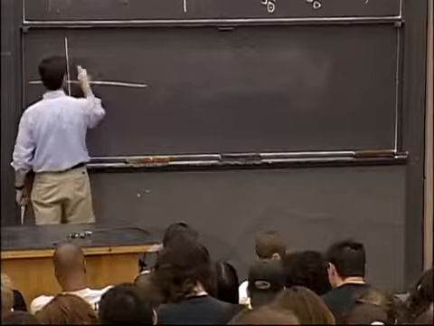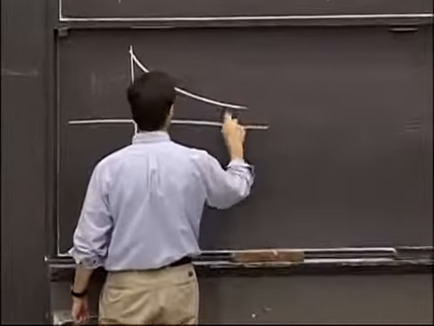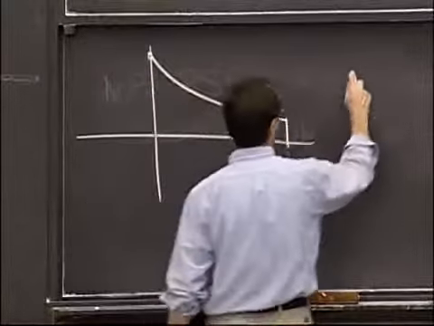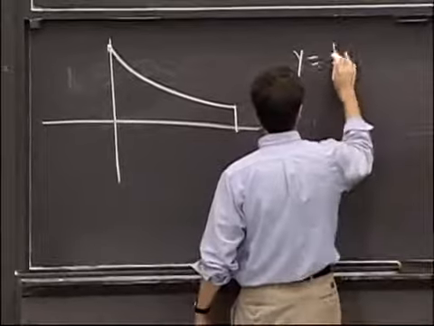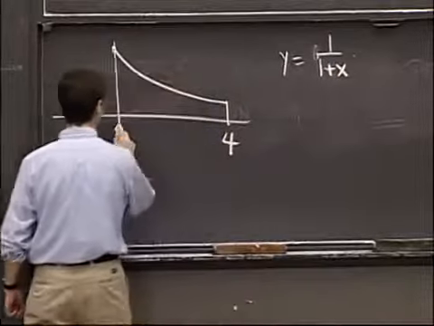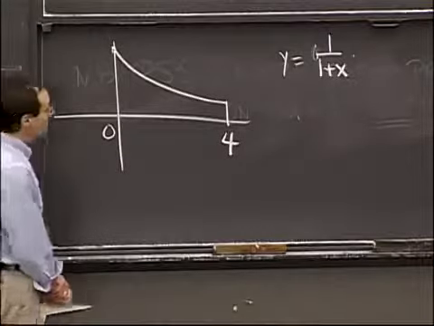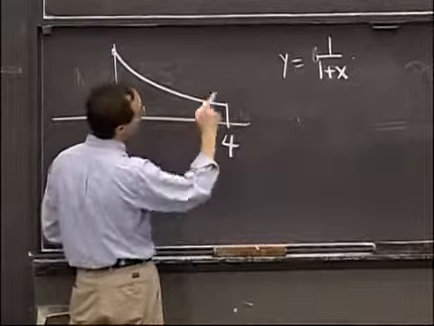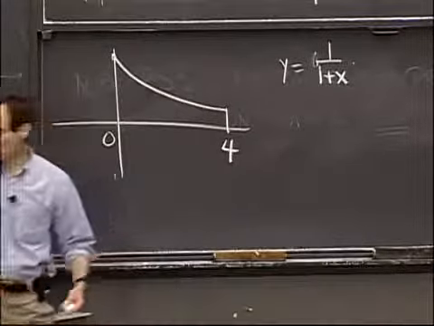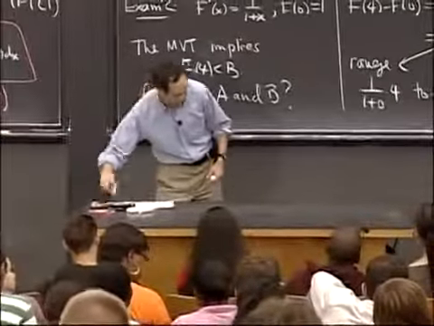So geometrically, we interpret this as the area under a curve. Here's a piece of the curve y equals 1 over 1 plus x, and it's going up to 4 and starting at 0 here. And the first estimate that we made, that is the upper bound, was by trapping this in this big rectangle here.